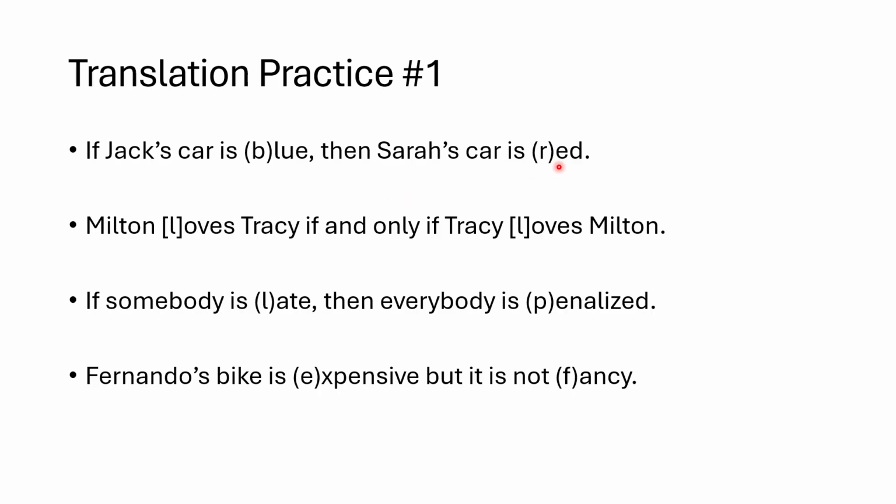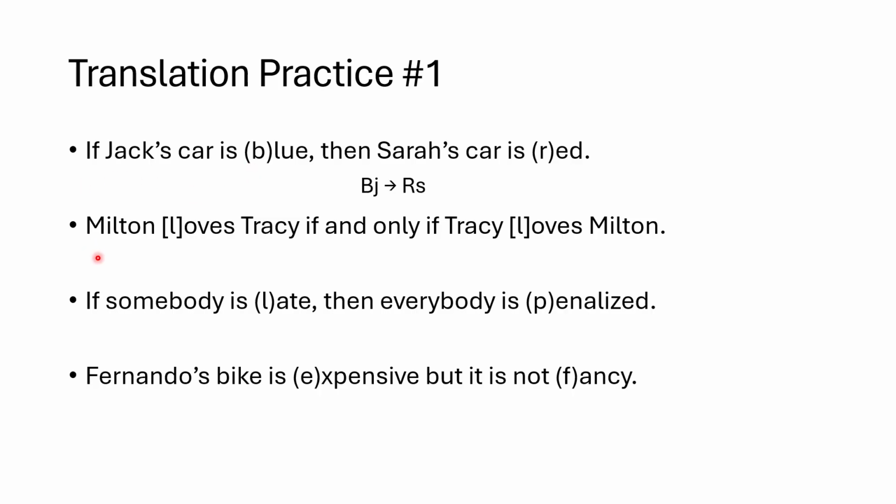And then on this other side, we have R as our predicate. So we'll make it a capital R, and then use S to symbolize Sarah's car. So J being blue, that's Jack's car is blue. And then S to R, that's Sarah's car is red. So if Jack's car is blue, then Sarah's car is red.